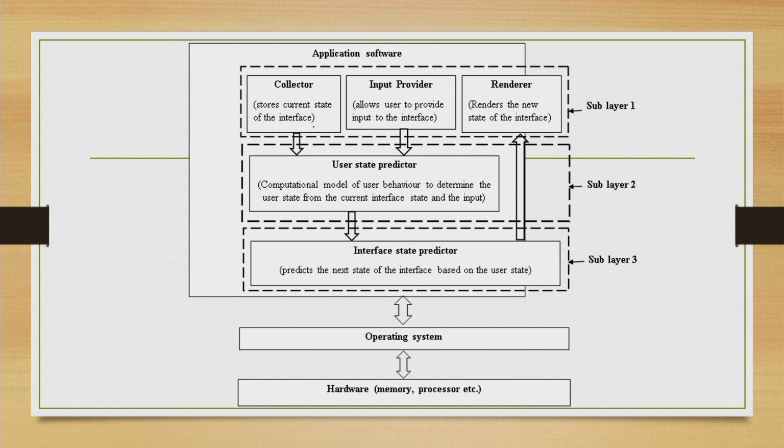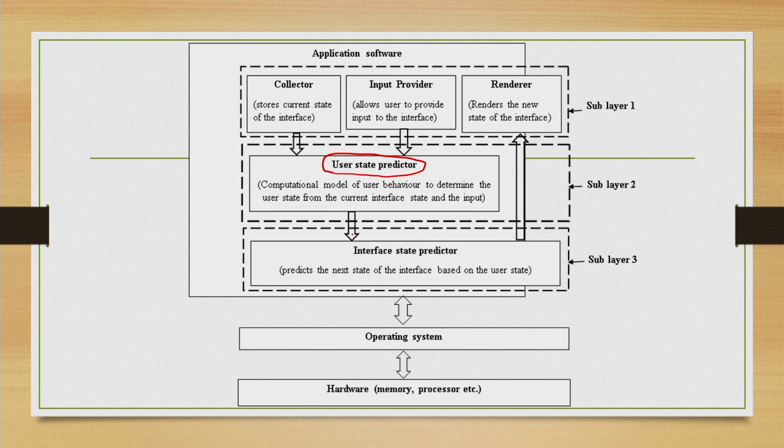The state information collected by this program and the inputs that are logged by the input provider program are sent to the user state predictor, which is organized as sublayer 2 in our framework, and this user state predictor actually predicts the next desirable state of the user that makes the system perceived to be better.